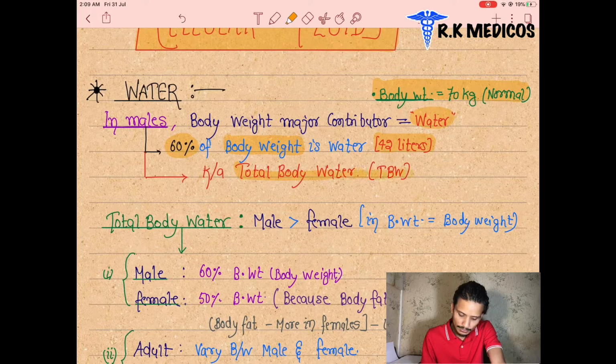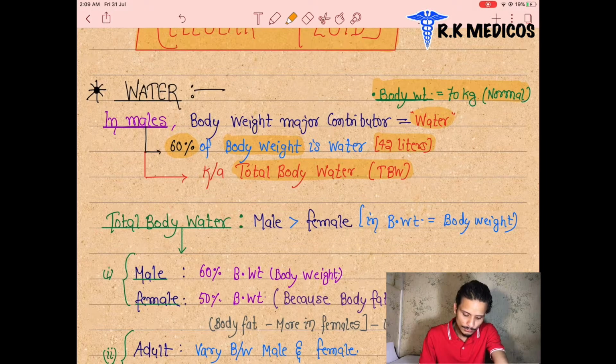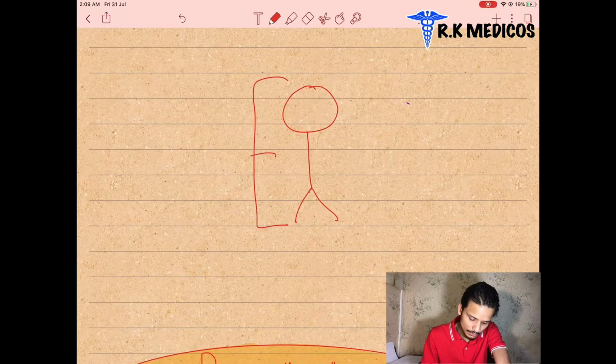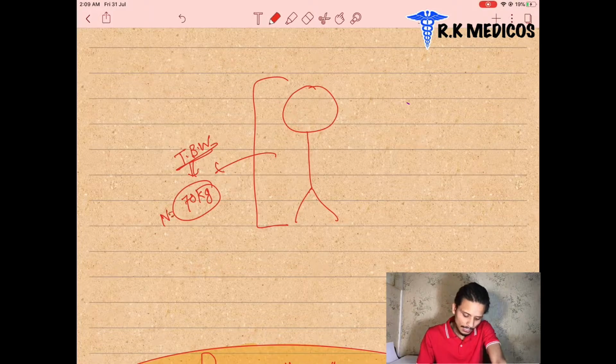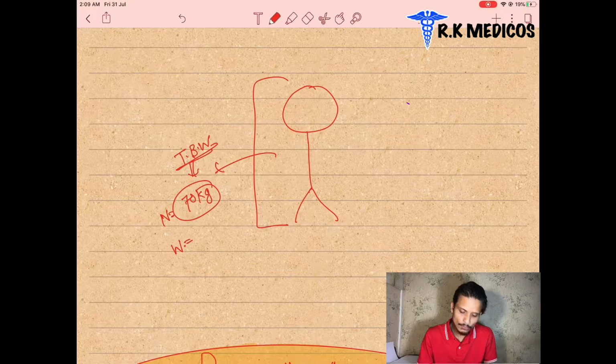It's so simple. Just imagine any person standing in front of you, and this person has a total body weight of 70 kg, which I told you is the normal value. Now I'm going to tell you that the water content of his body is 60% of his body weight, which is basically 42 liters.